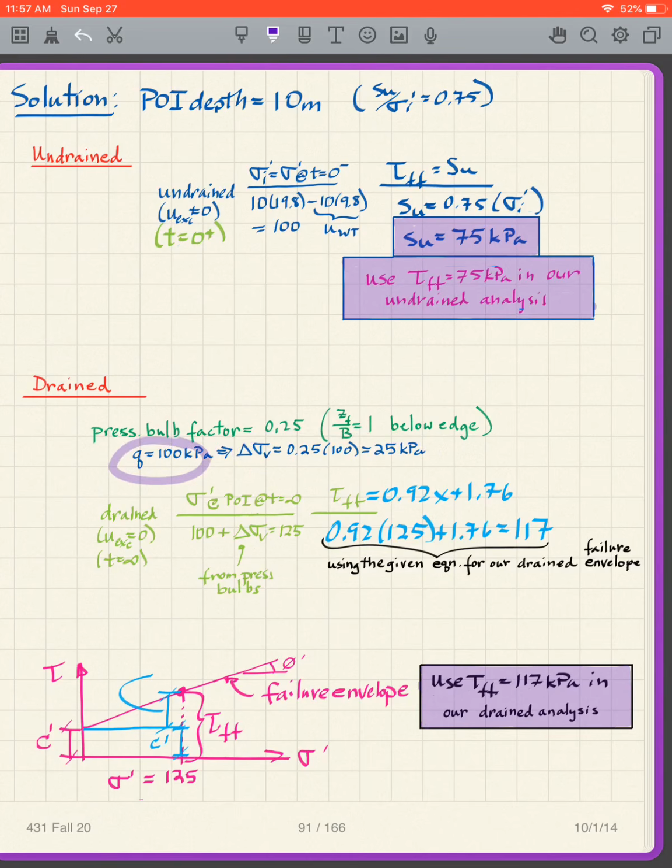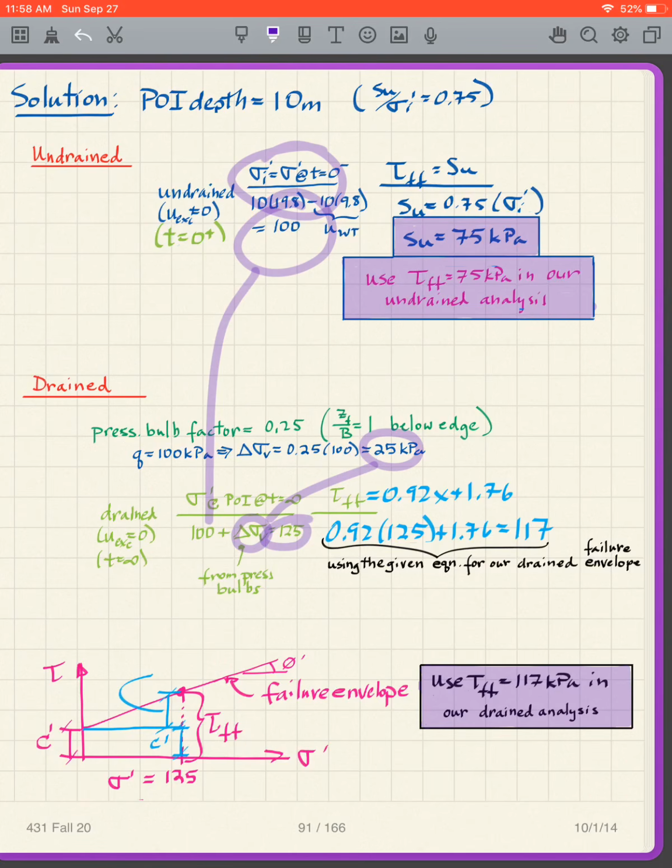So in other words, this is the surface stress, this is the stress at 10 meters down at the edge, below the edge. And so when we compute what our sigma prime at the point of interest is at t equals infinity, remember we're assuming t equals infinity, all the excess pore pressure is dissipated, we get this 100 from the sigma prime i, and the delta sigma v, which is this 25, and we get 125 there.